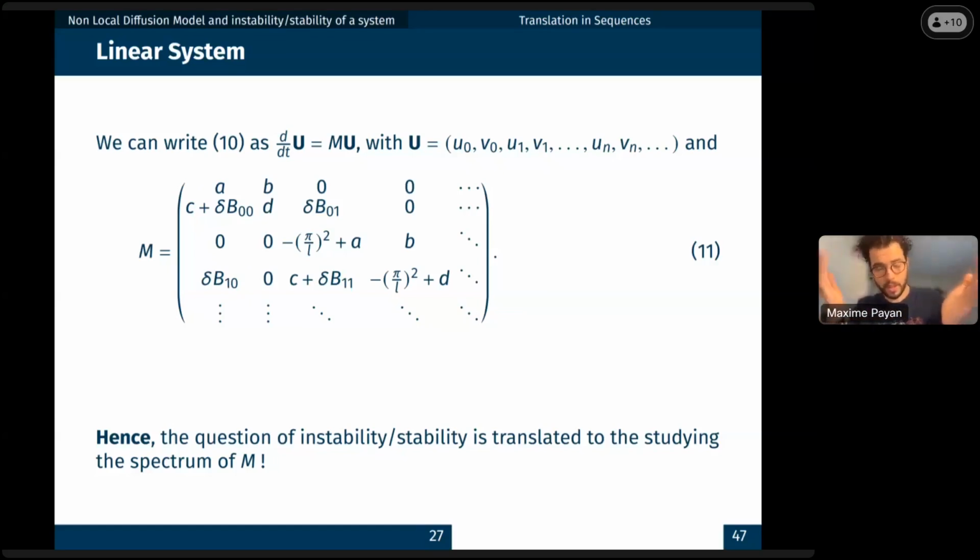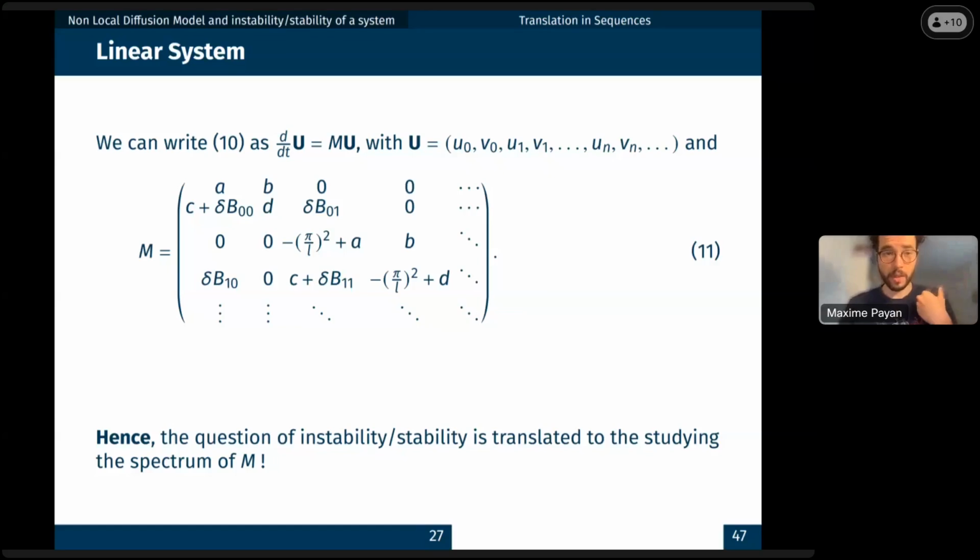If you have one positive eigenvalue, it means that in long times the solution will go to infinity. This is completely unstable. If all the eigenvalues have negative real parts, you have something linearly stable. So how to study the spectrum of M?